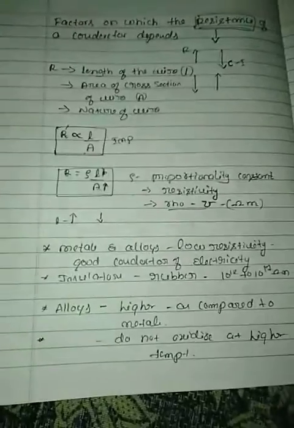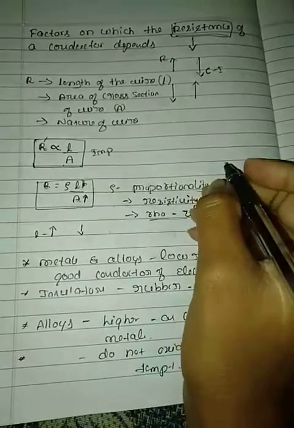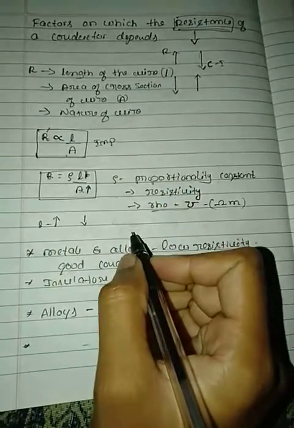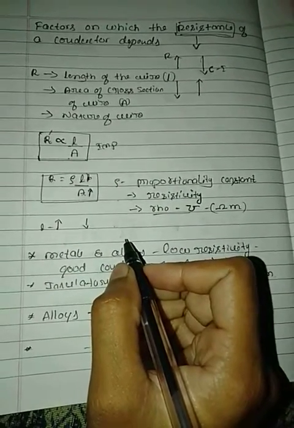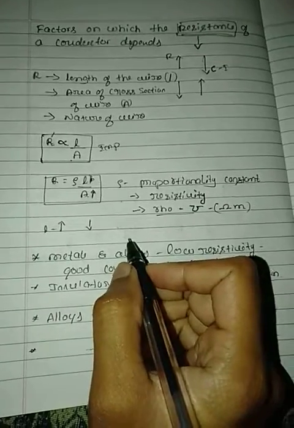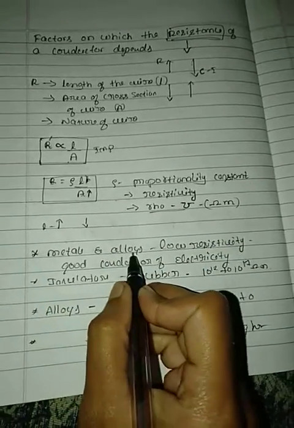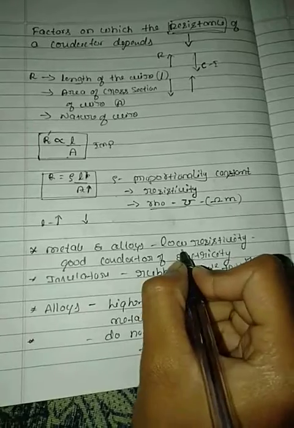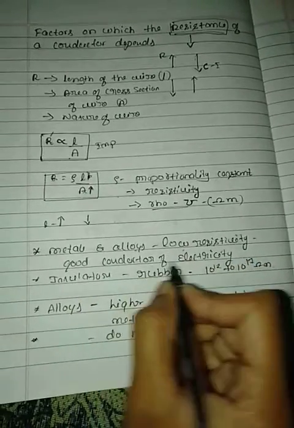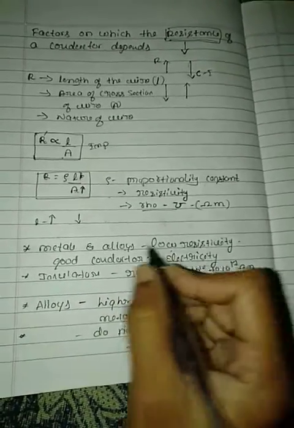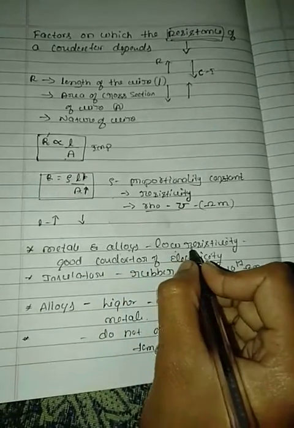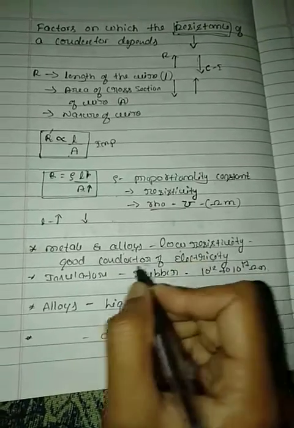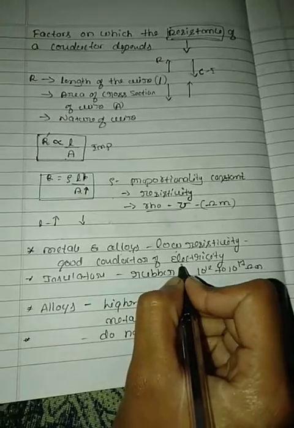Here, this resistivity is a characteristic property of the material, and metals and alloys have very low resistivity and they are good conductors of electricity. Remember that metals and alloys have very low resistivity and are used as good conductors of electricity.